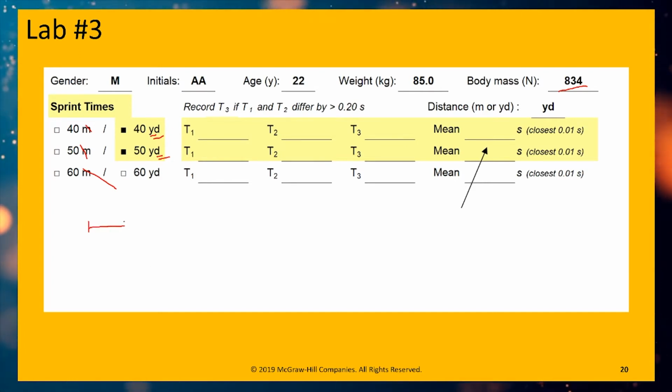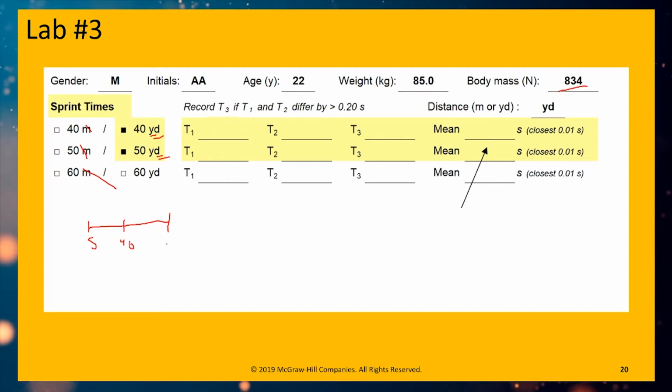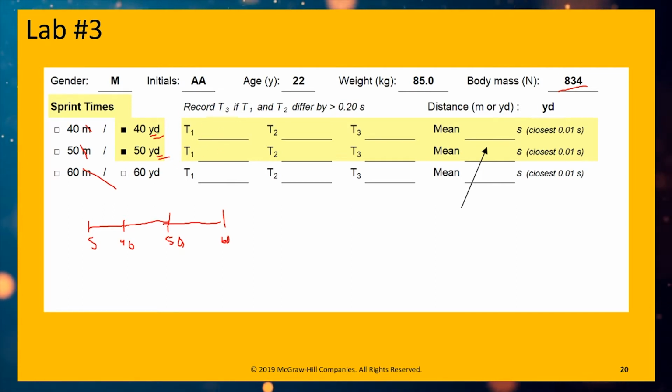As we're setting up our testing, this would be the start, this could be the 40, the 50, and then the 60. For your lab this time around, I just have the two filled out. So you're going to be calculating a 40 and a 50 on the trial.